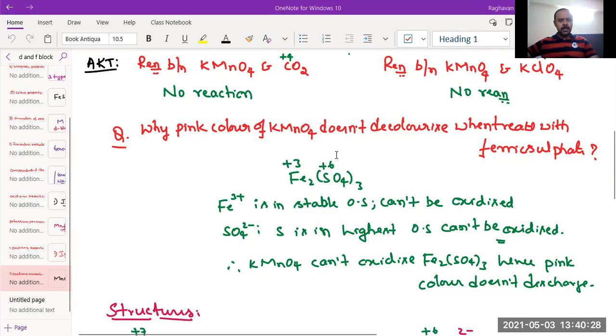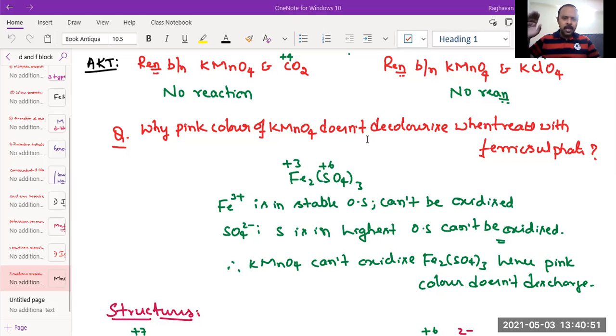The properties are less explored for the reason that in F block elements, entire actinides are radioactive. That too, after uranium, atomic number 92, all those elements placed after uranium in actinides are called transuranic elements.